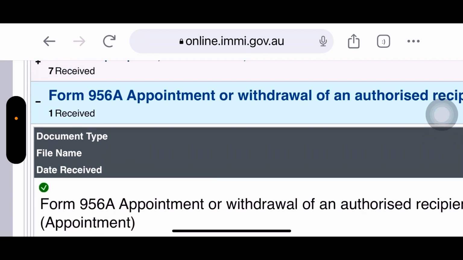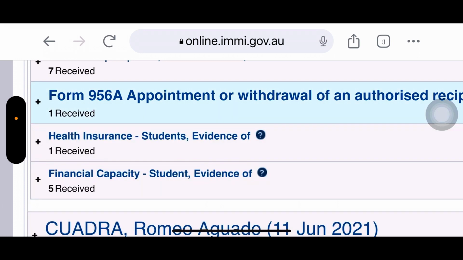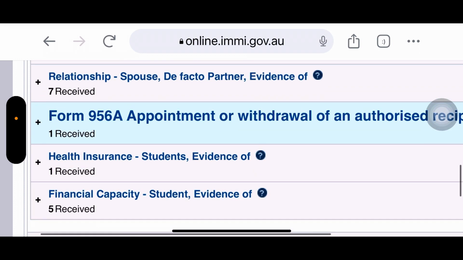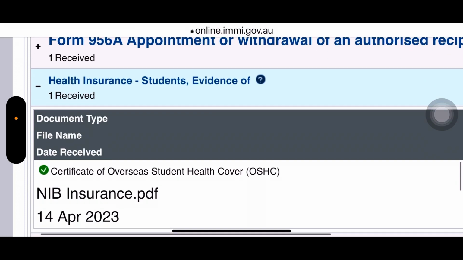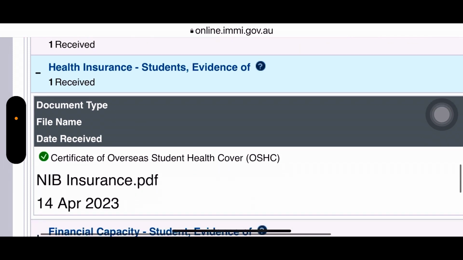It's like saying that your partner is authorizing you to process your documents. And then health insurance or the OSHC. This is the policy certificate that was given to you by the insurance provider where you purchased your insurance.